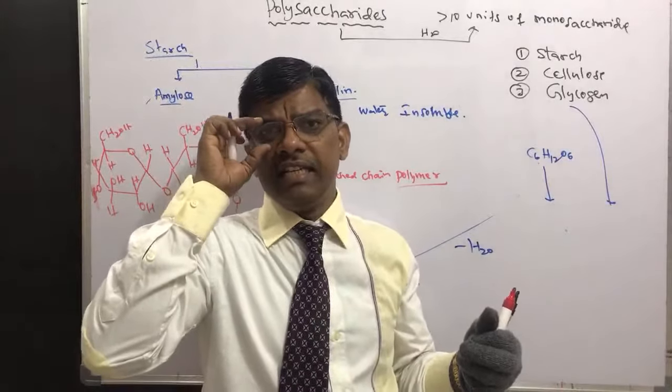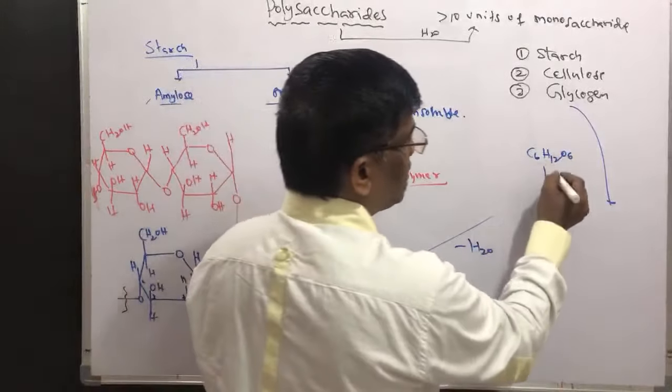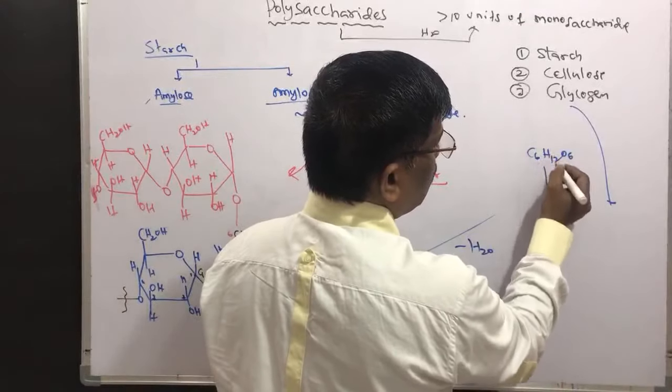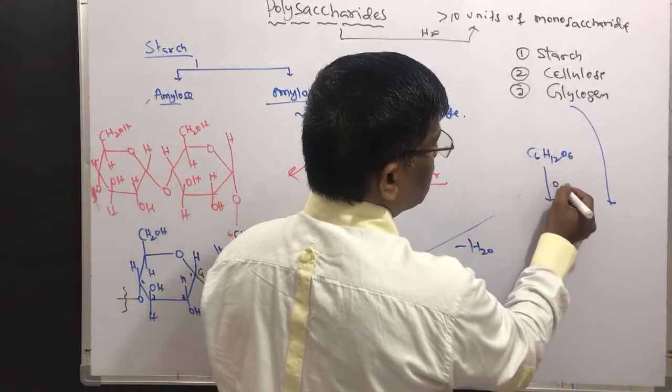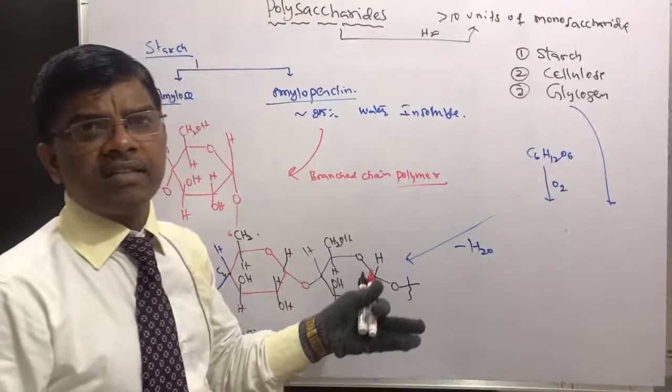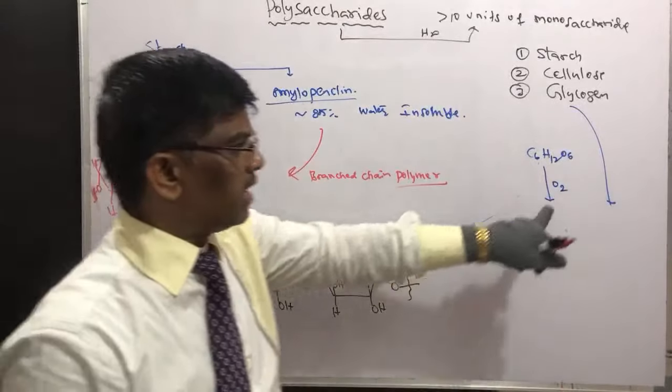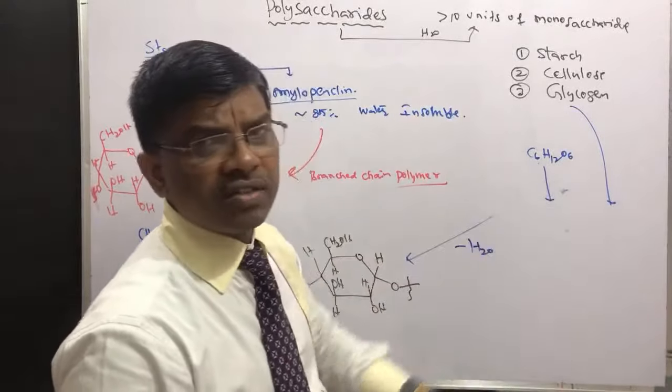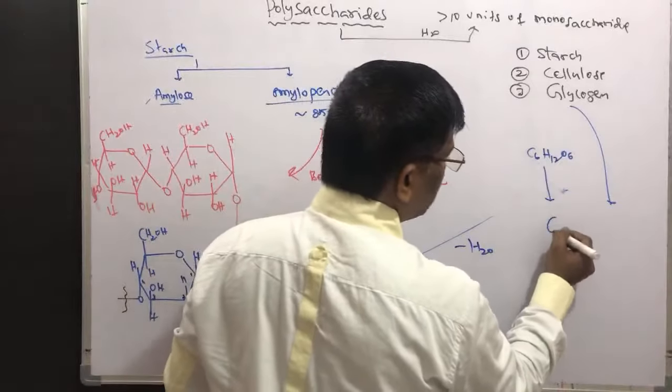You get energy, isn't it? So it is the reverse process. Glucose upon oxidation in presence of molecular oxygen gives carbon dioxide and calories, right? So excess glucose will be converted into glycogen.